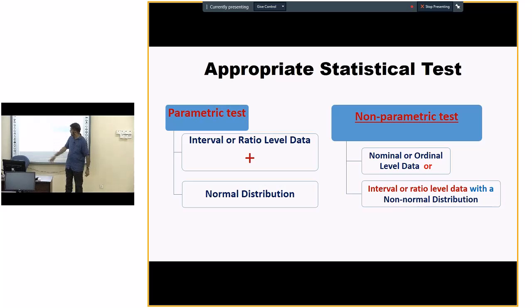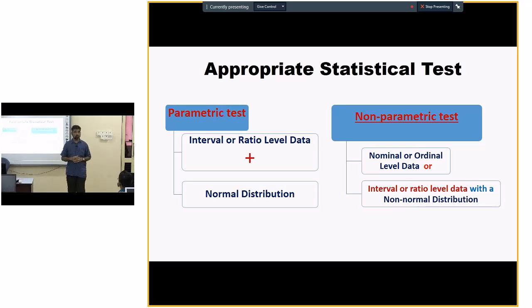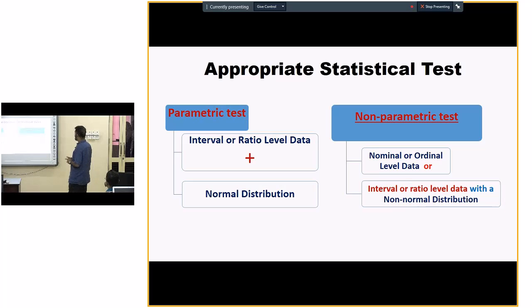Not only interval or ratio. If we have interval or ratio level data but it is not following a normal distribution, then again we have to apply a non-parametric test.